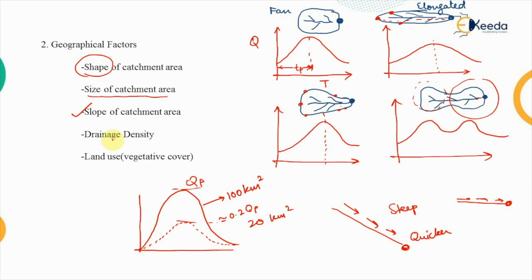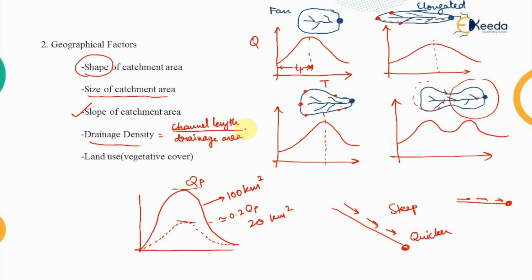Then the next factor is the drainage density, which is the ratio of the channel length to the drainage area. That means in a particular catchment area, how much length of channels is available represents the density of the drainage.